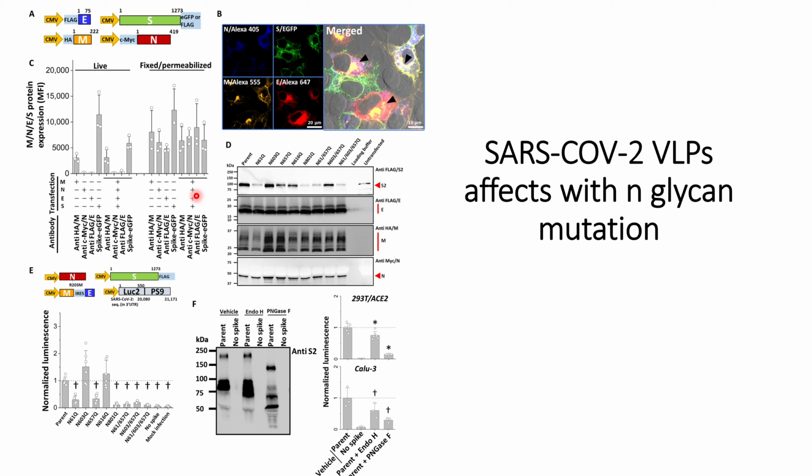When they did the same thing with fixed and permeabilized cells, they found that all the proteins are expressed. This means that the envelope protein and the nucleocapsid protein are expressed more in the intracellular part of the cells. So this is the analysis of the flow cytometer.